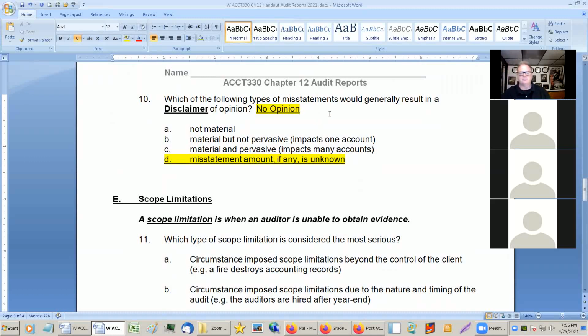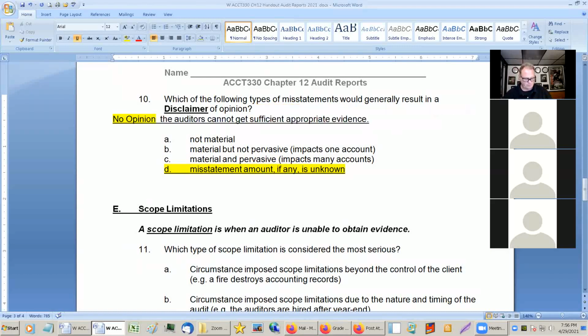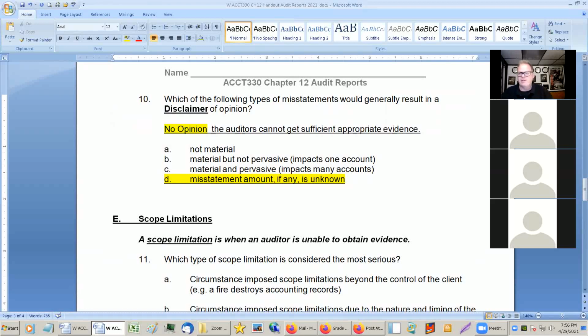It's when you can't get enough evidence. They can't get enough evidence, so they can't form an opinion.